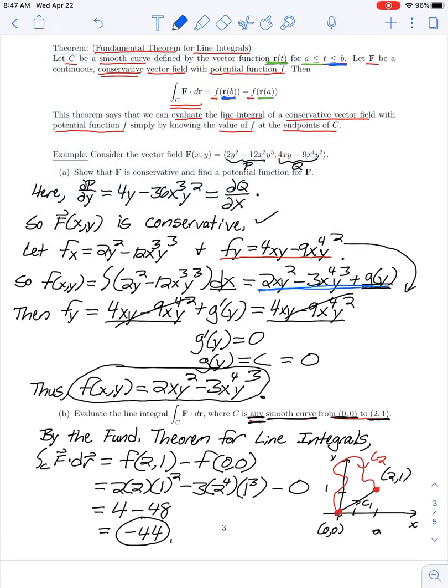So we could consider all sorts of odd-shaped curves here, as long as our curve is smooth. And we would get the same value for the line integral along any one of these paths that connects that endpoint.